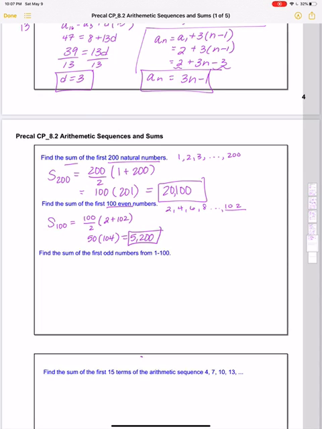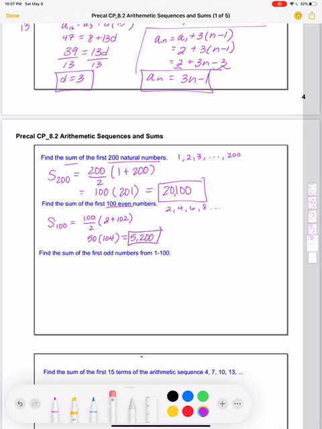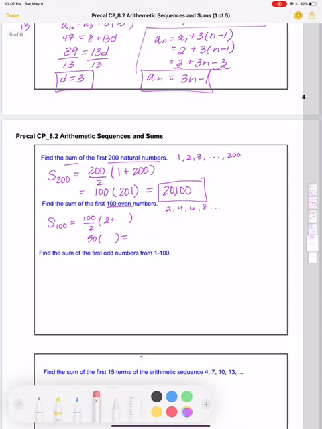Let's try this again. Let's erase this and do it with the formula, and we'll change our answer. To find a sub 100, we would do the first number plus the distance, which is 2 times 99.